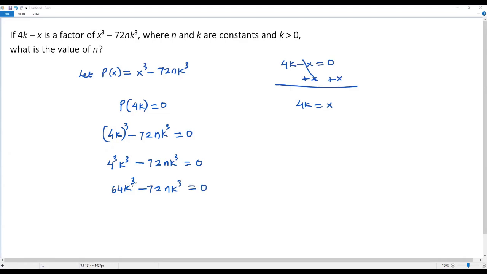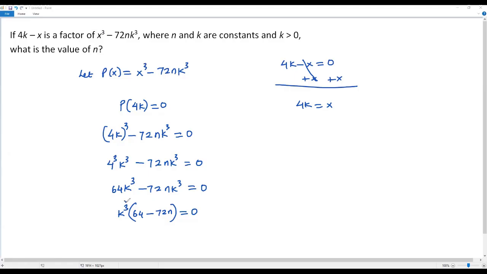Okay, here we find k³ in common in both the terms, so we can factor k³ out. When k³ is factored out, we are left with 64 in the first term and −72n in the second term, equals 0. Here the product of two quantities equals 0. Whenever the product of two quantities equals 0, one of them has to be 0.